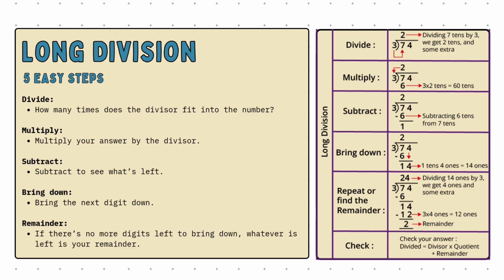Sometimes division can feel difficult, especially when the numbers get bigger. But don't worry, if you follow these 5 easy steps, you can do any long division sum. Let me first tell you what the steps are so that you can remember the order. It's divide, multiply, subtract, bring down, remember.